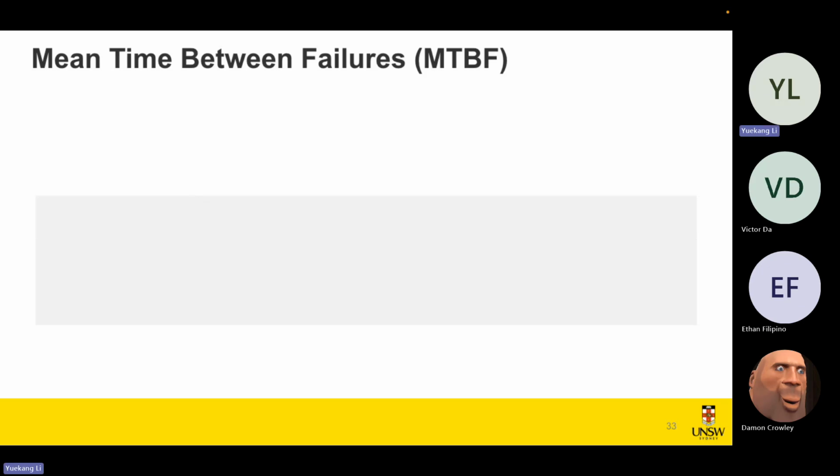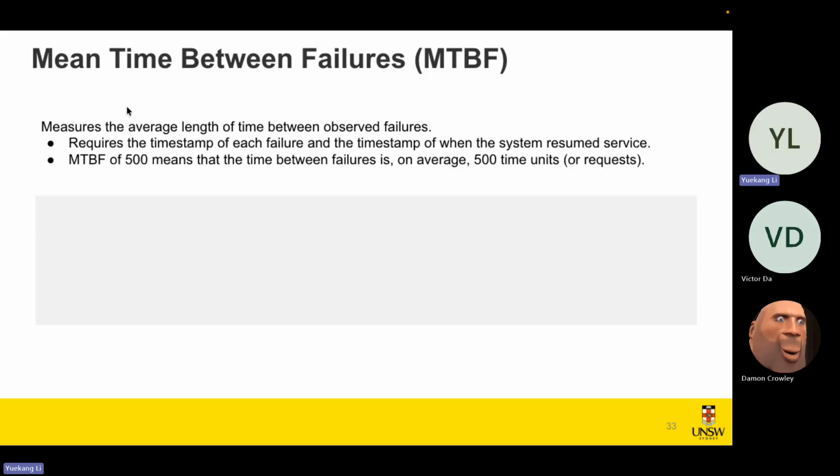And there's another measurement which is calculated based on the individual failures. And this is also very widely used, which is known as mean time between failures. So this one is to measure the average time between observed failures. It means that after we observe a failure, how much more time does it take to fail again?